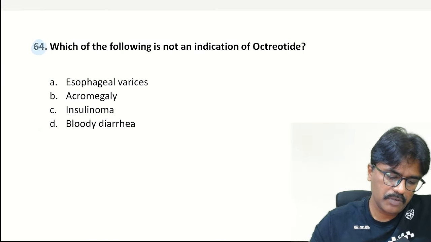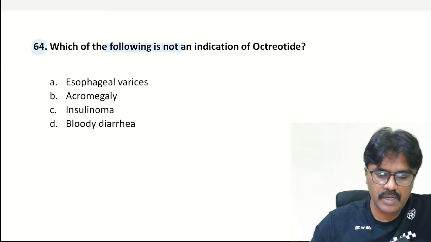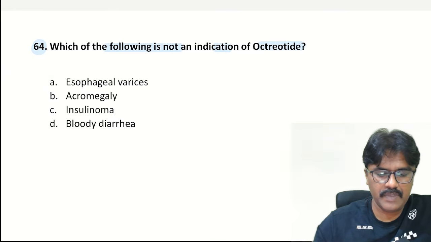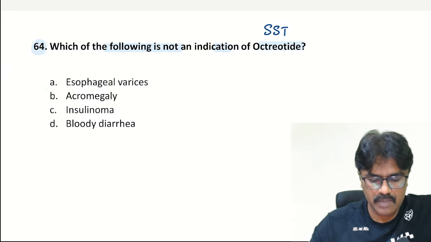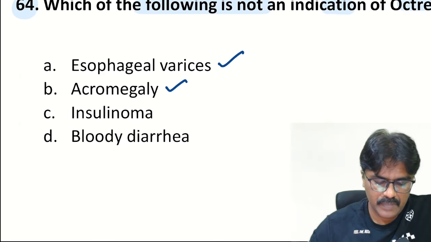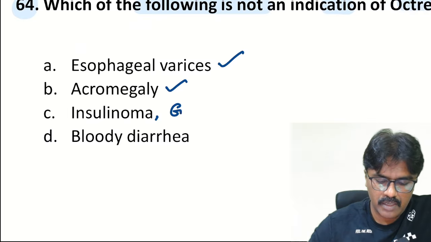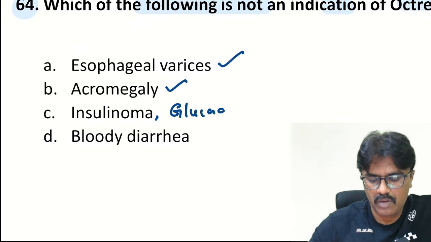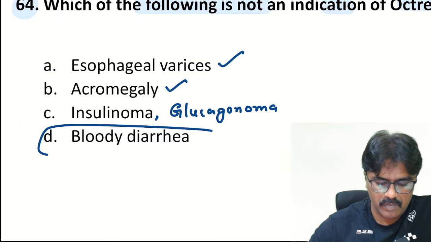Coming to question number 64. Which of the following is not an indication of octreotide? I told you it's a somatostatin analog. It can be used in esophageal varices, acromegaly, insulinoma, and glucagonoma. But it's not used for bloody diarrhea.